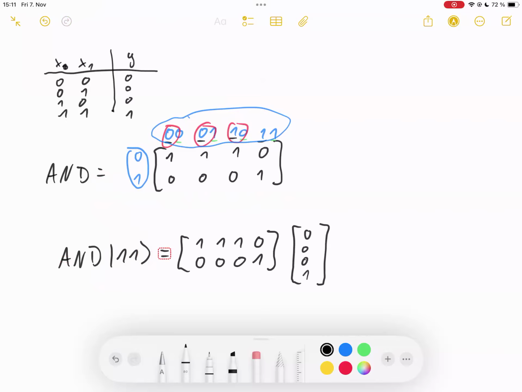We've seen this before. So this 1, 1 would refer to here. We need this entry. And now it's your task to multiply this vector from the right with this matrix. And once you have your result, send it to the chat. You can go very quick. Once you have the output, send it here.